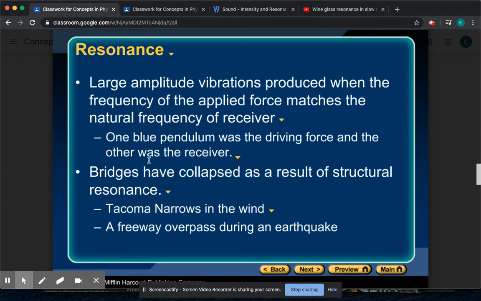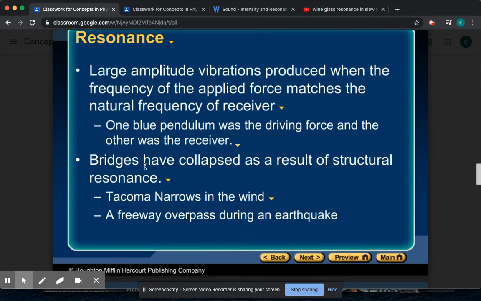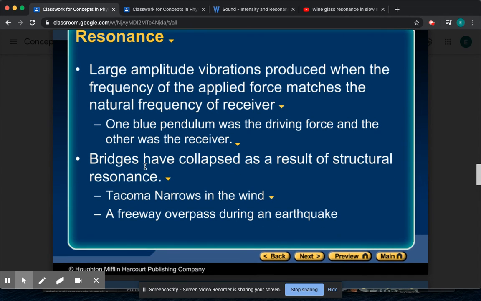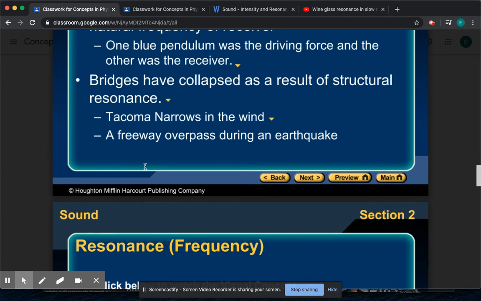That's why resonance plays such an important role in certain things. You can weaponize it, you can do a bunch of things with it. But that's what resonance is. Everything has a resonance frequency. If you match the resonance frequency, it'll vibrate. That's all it is.